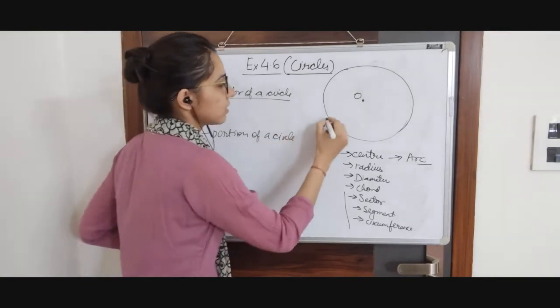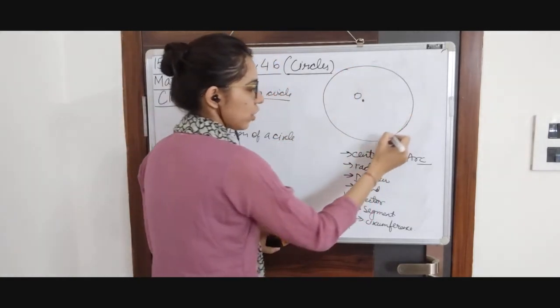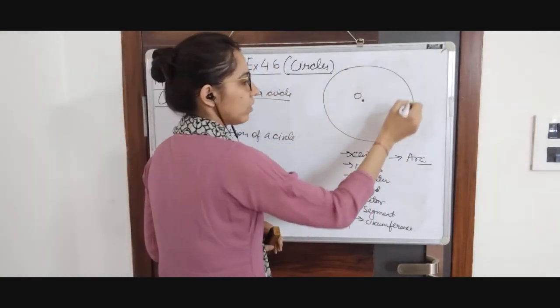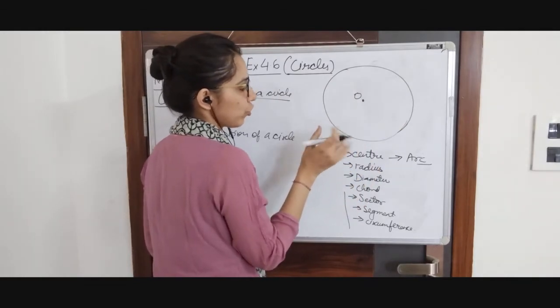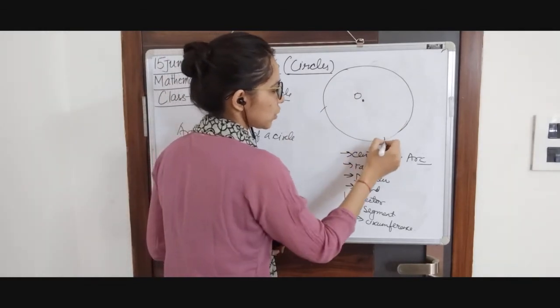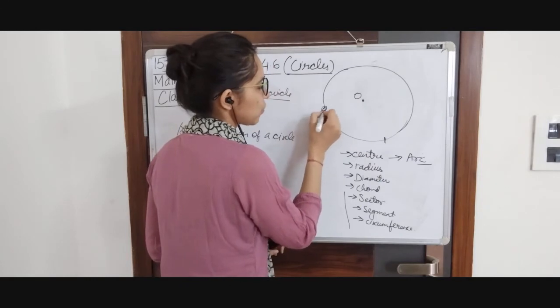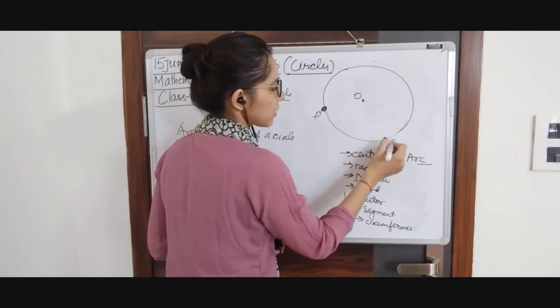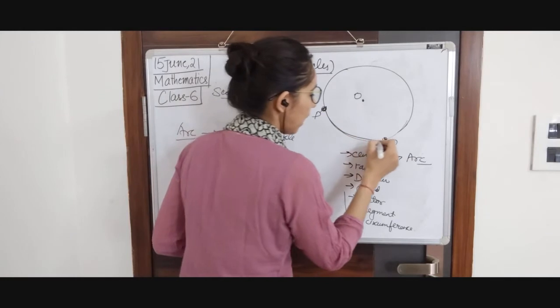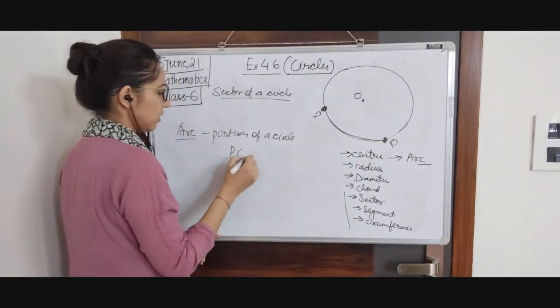Okay, this path is your circle. If we take just a smaller portion of the circle, suppose we took this part, and this point is P and this point is Q. So this part PQ is the arc.